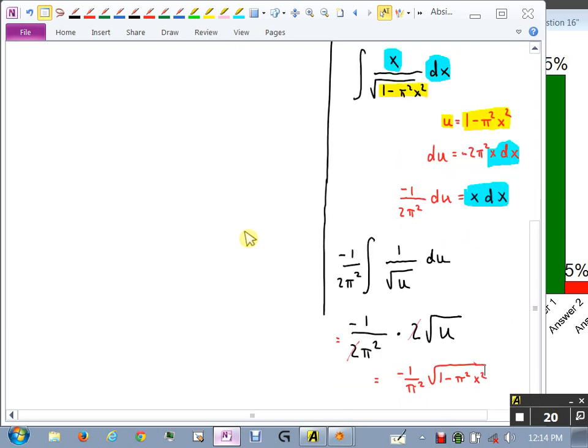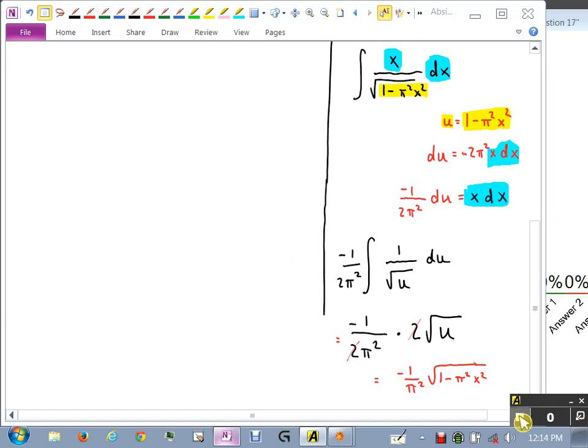So let me come back up here. Yes, it's on top of the square root, but I always leave my constants because I'm about to attach it to another constant up here.